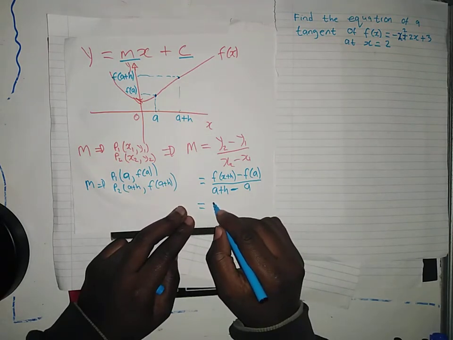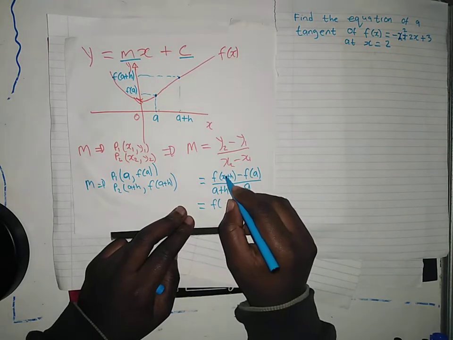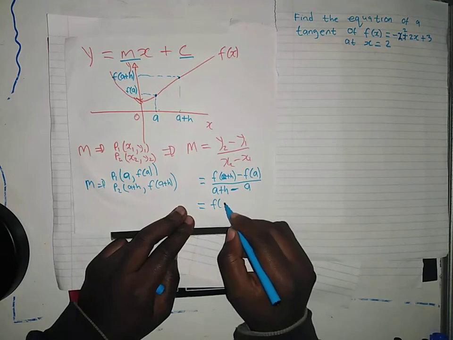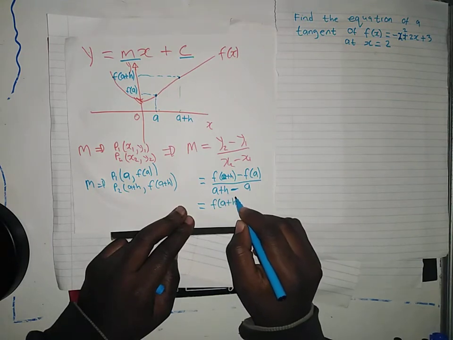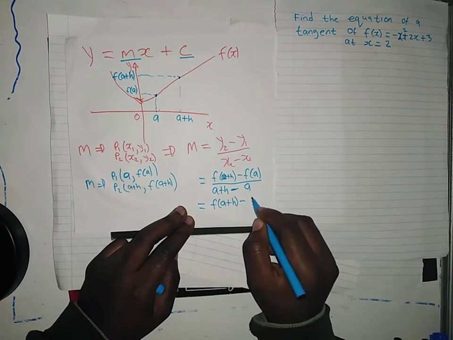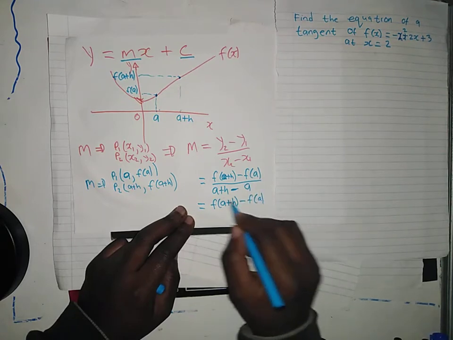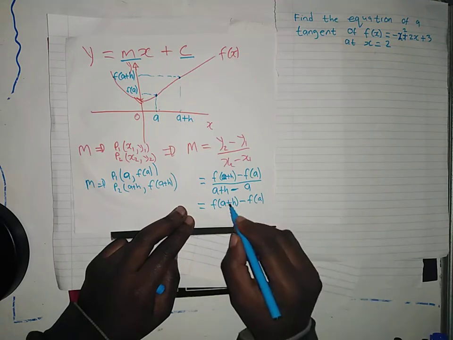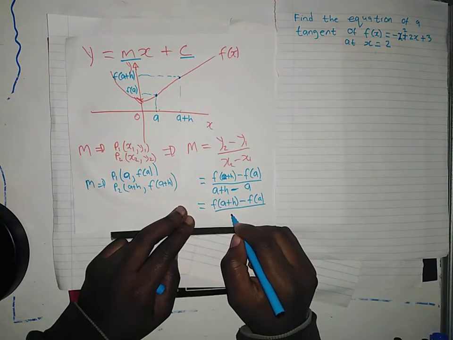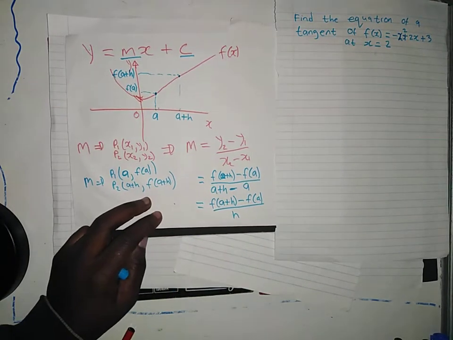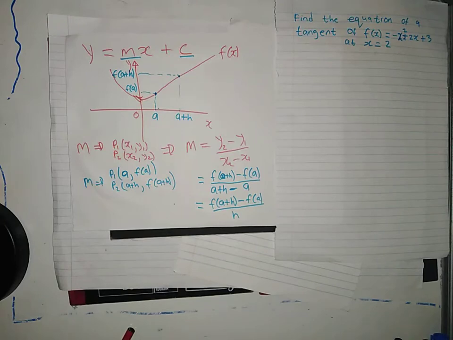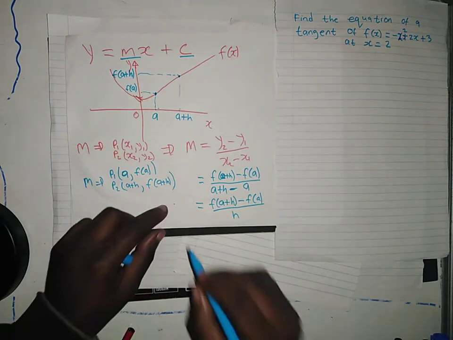So you end up with something like this: f at a plus h minus f at a. But now because a minus a is 0, therefore you have h. So this is something that looks like a sort of a gradient.